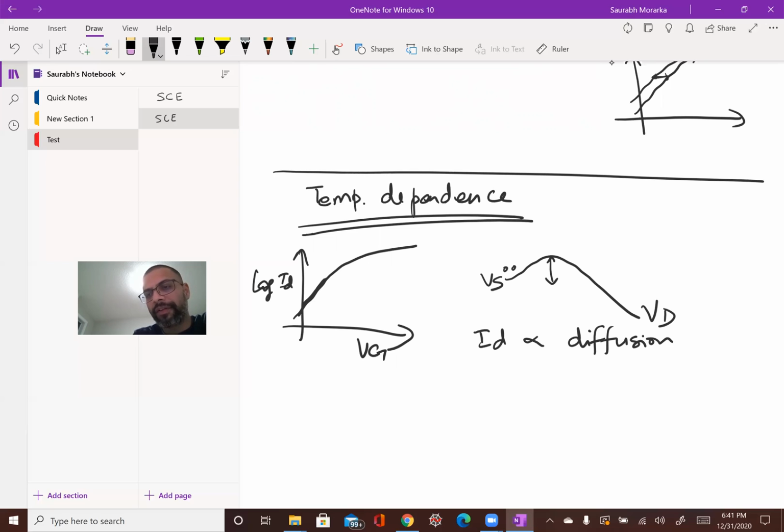Diffusion current is less dependent on what the electric field is between the drain and the source.